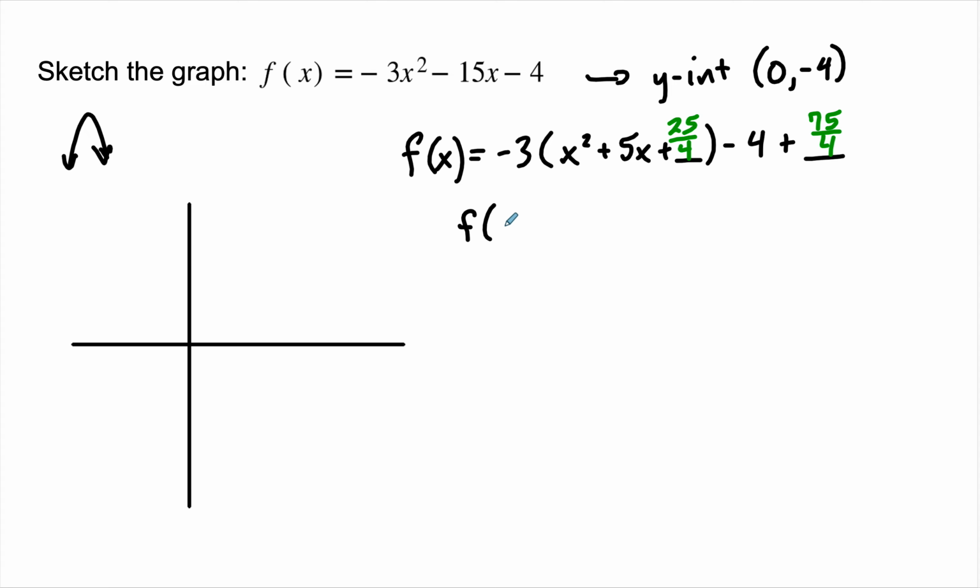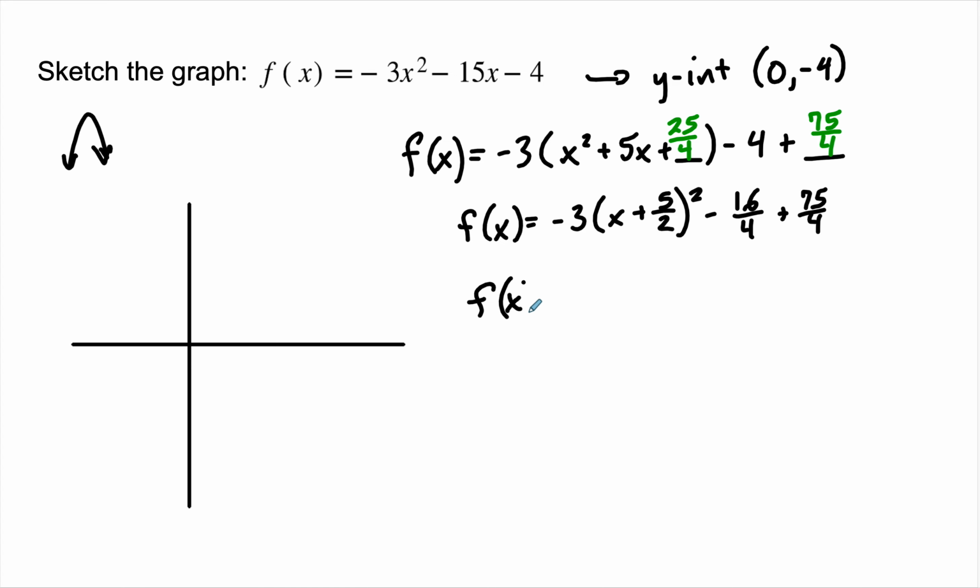Okay, so now we have f of x equals negative 3 times x plus, remember, half of that middle term, 5 over 2, quantity squared. And then I have to figure this out. I have negative 16 over 4, because that's equivalent to 4, plus 75 over 4. Okay, so we have 75 minus 16.